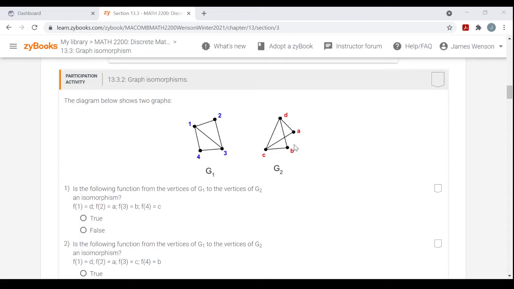I'll graph these on paper and then show you with a little motion, just moving one vertex around, how we can see pretty clearly if they're isomorphic or not. I'll draw this up on paper and we'll take a look.